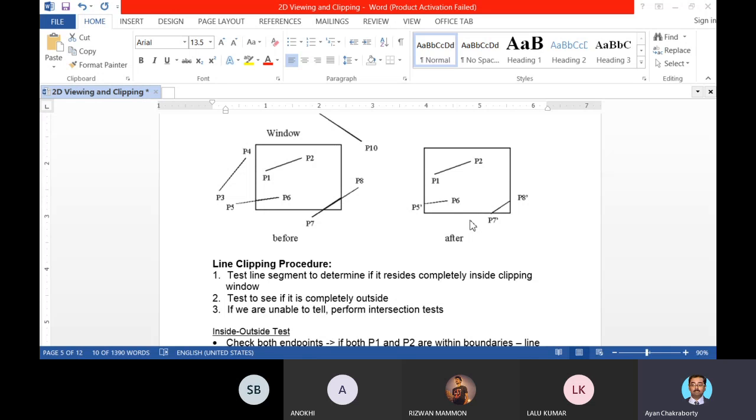So we collect attendance for every class, according to your roll number. Today's attendance is very low. Only Anokhi, Lalu, Rizwan, and Suparna are here, so I am giving attendance to them.